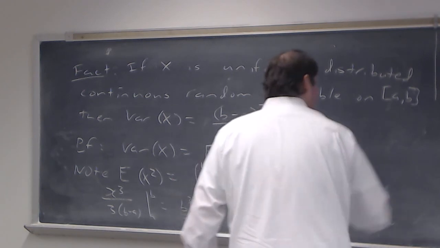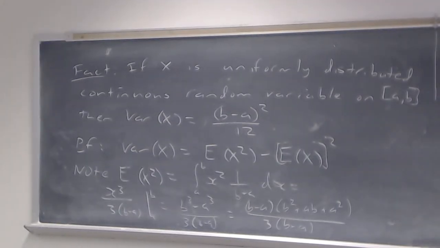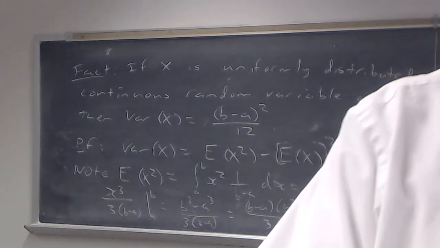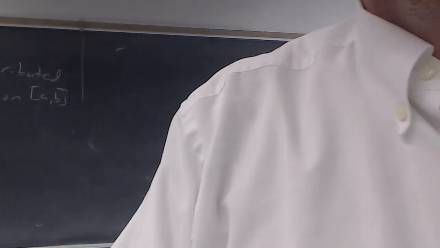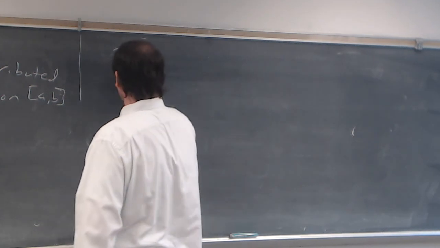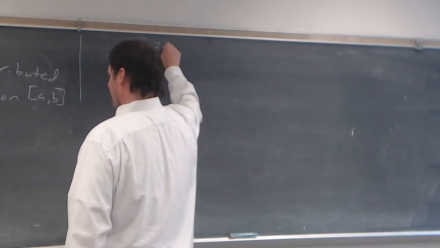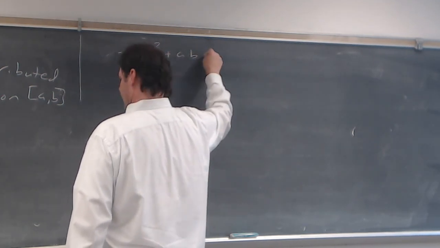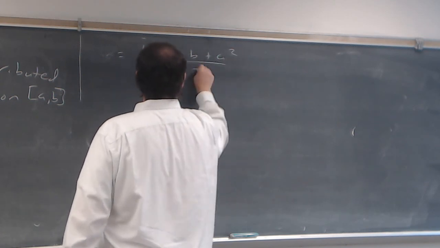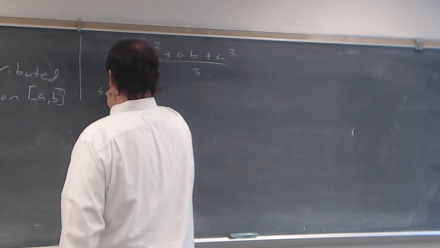The b minus a's will cancel, and we'd just be left with b squared plus ab plus a squared over 3. That's what the expected value of x squared was.